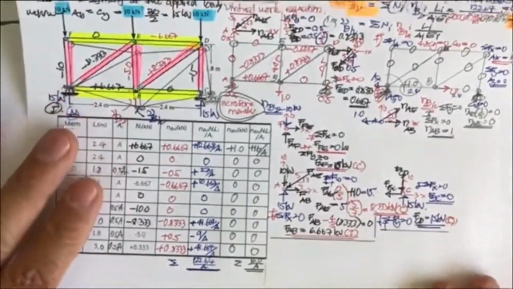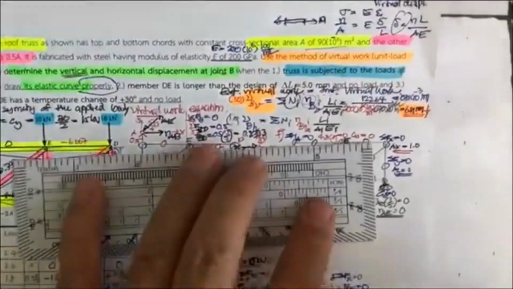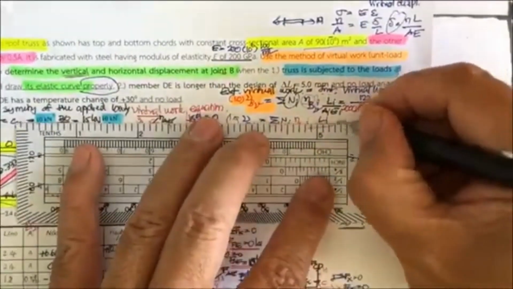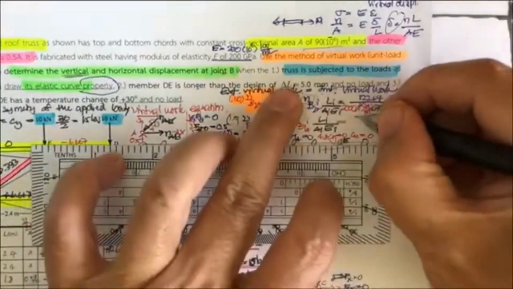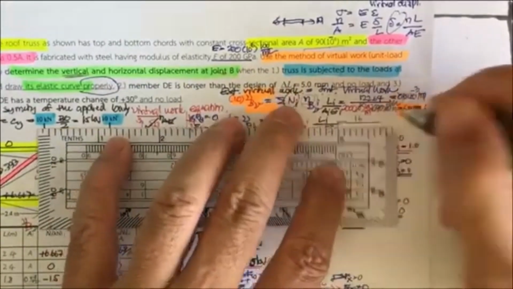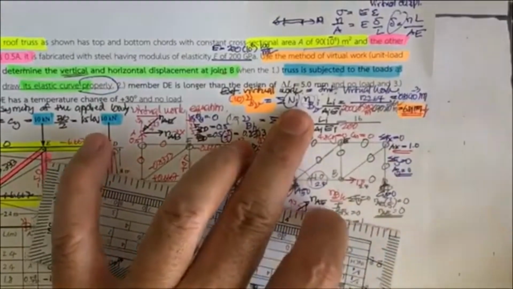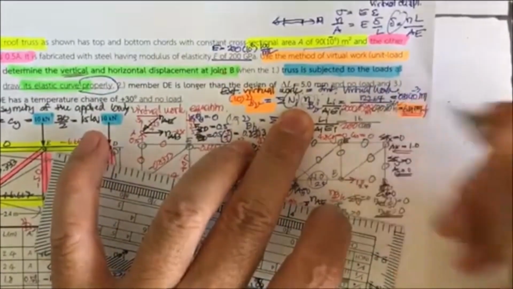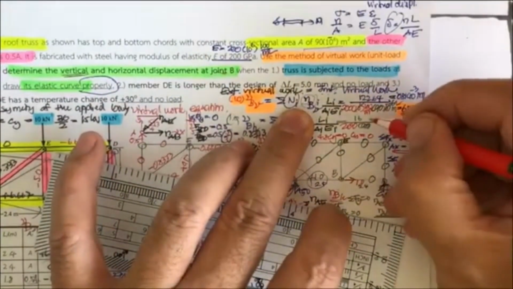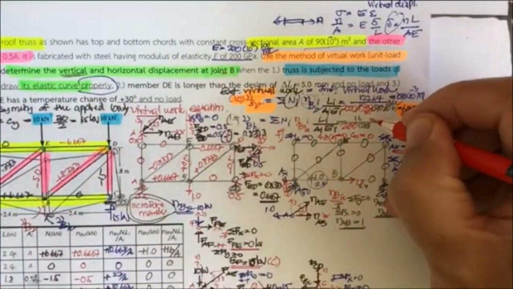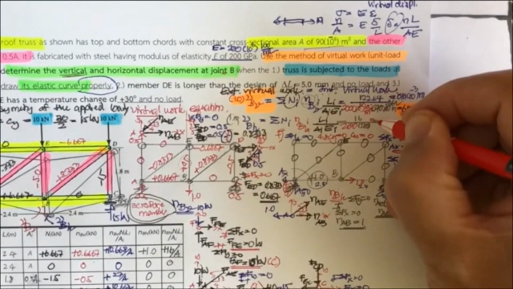And now you're going back here. So this one is going to be equal to 16 divided by 290, and then you will get this for the displacement at B in the horizontal direction. And what should we have?